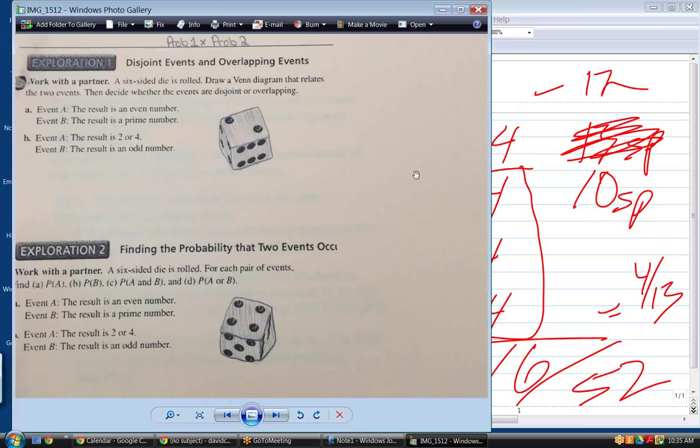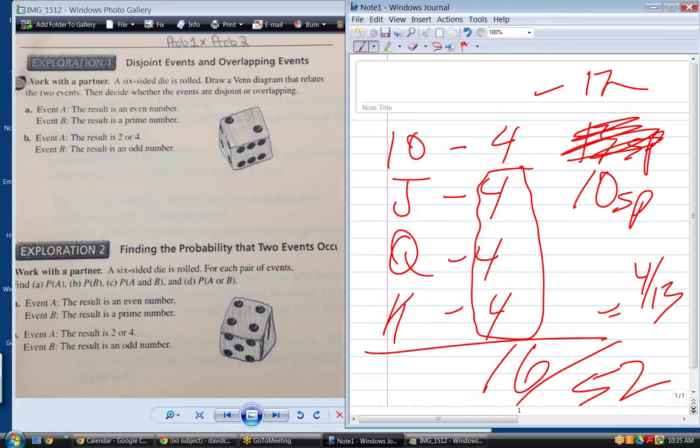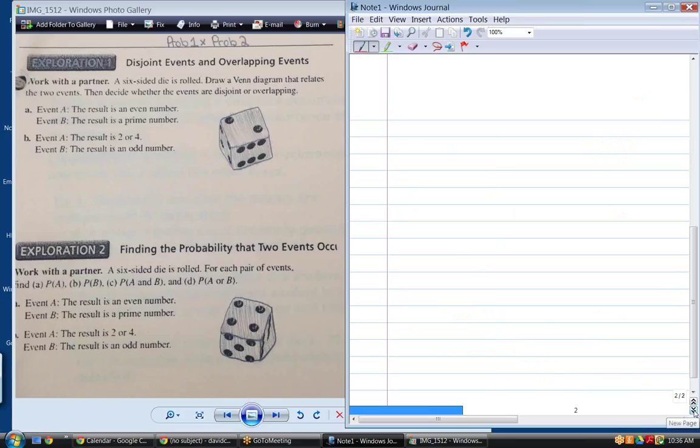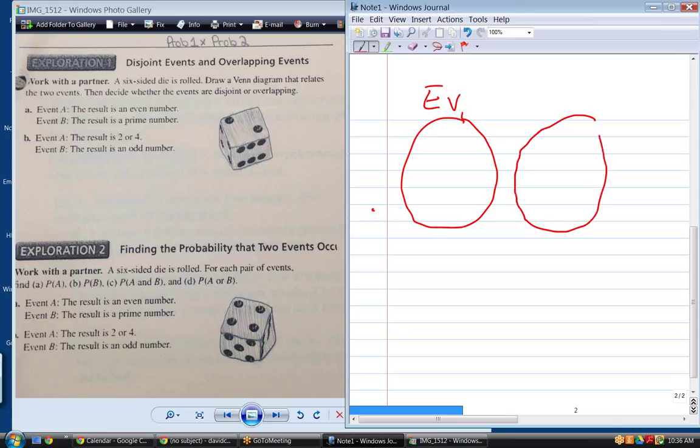Draw a Venn diagram that relates the 2 events, then decide whether the events are disjoint or overlapping. Okay. The result is an even number. The result is an odd number.